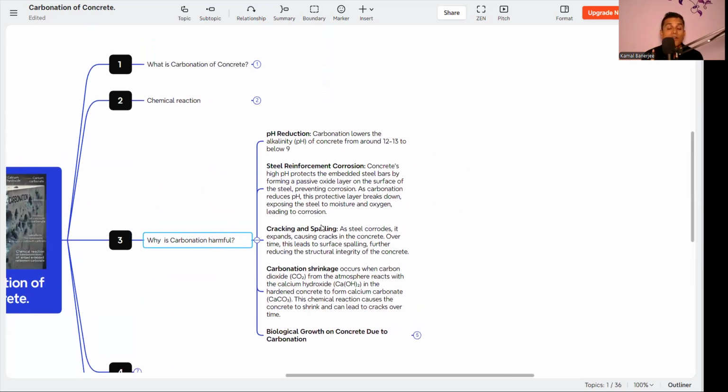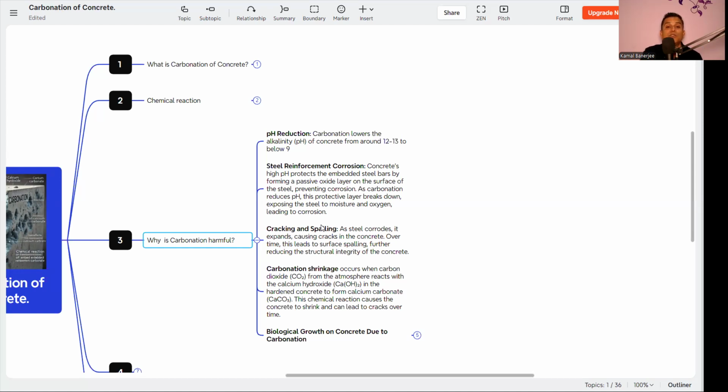Carbonation lowers the alkalinity of concrete from 12 to 13 down to below 9. Concrete has an alkalinity between 12 and 13. If the carbon dioxide reacts with the calcium hydroxide and produces calcium carbonate, this alkalinity reduces to 10 to 9.